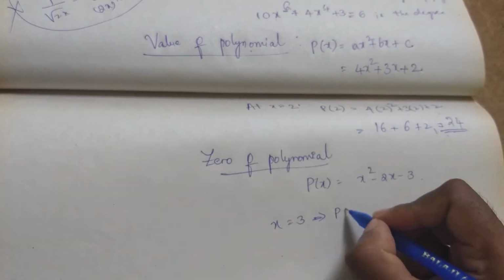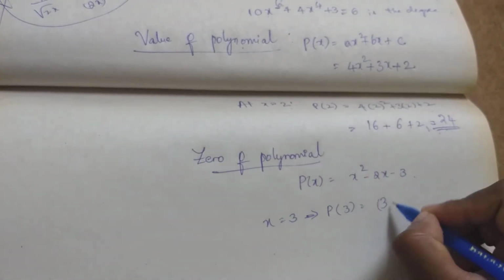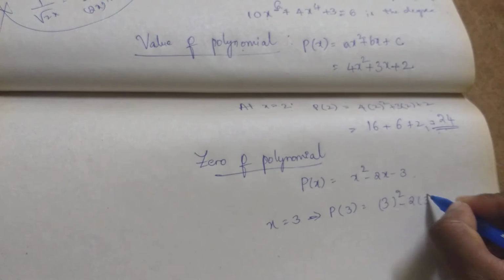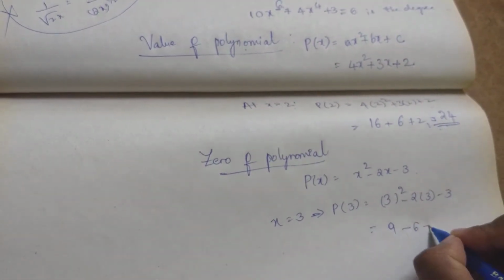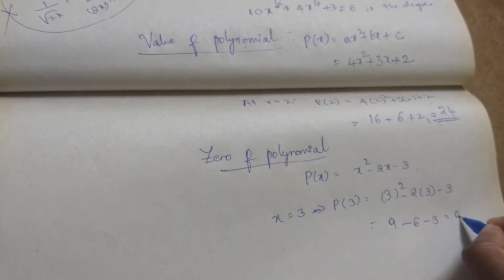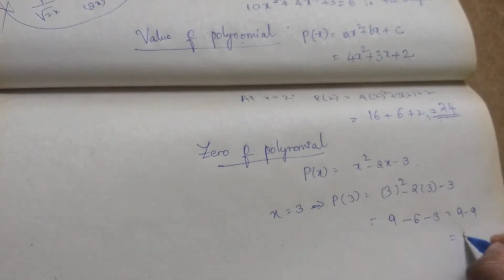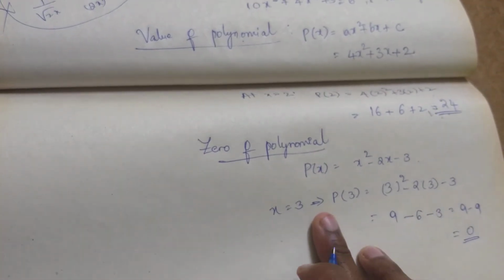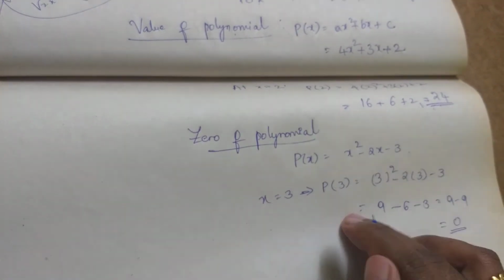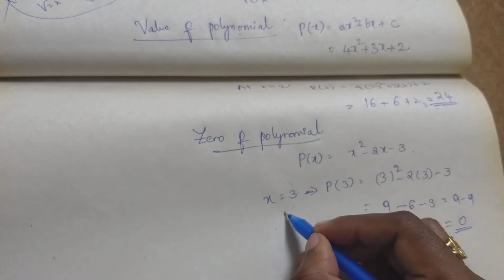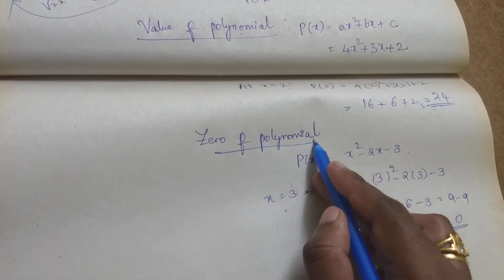When you substitute, p of 3 equals 3 square minus 2 into 3 minus 3. 3 square is 9, minus 2 threes are 6, again minus 3. So what will we get? 9 minus 9, that is equal to 0. So at x equal to 3, the value of the polynomial is 0. Hence x equal to 3 is called the zero of the polynomial.